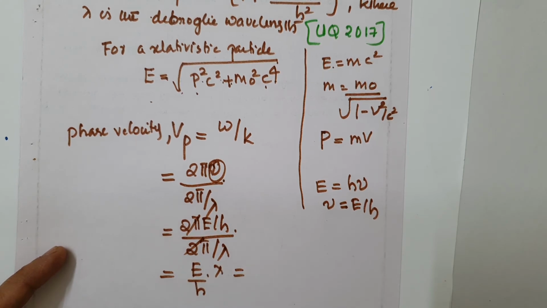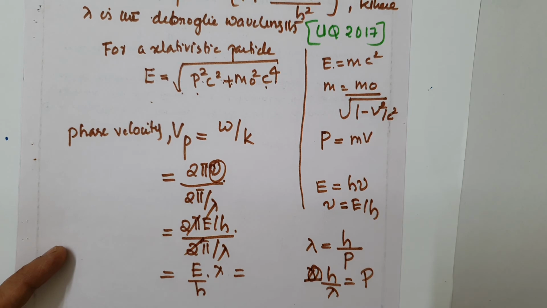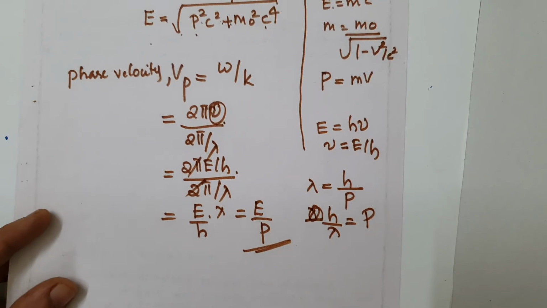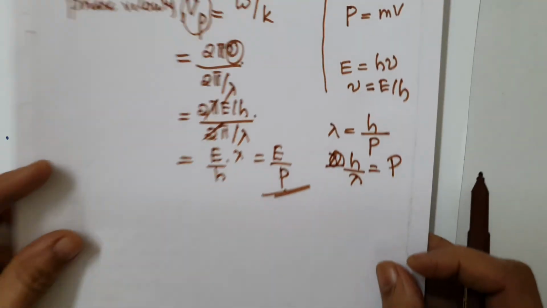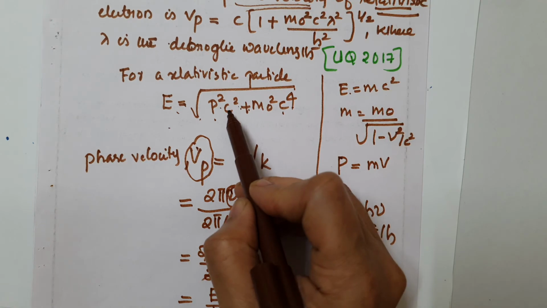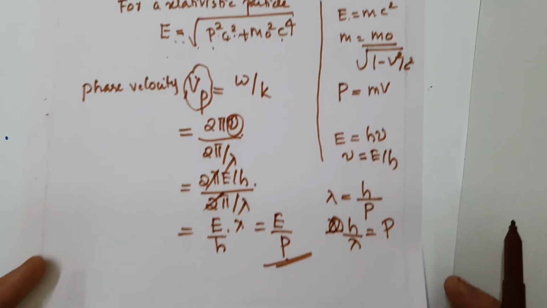But we know from de Broglie's equation that lambda is equal to h by p, or h by lambda is equal to p. So we can write it as h by lambda as p, that is E by p. That is, the phase velocity or wave velocity is E by p. Here we are substituting the value of E, root of p² c² plus m0² c⁴.